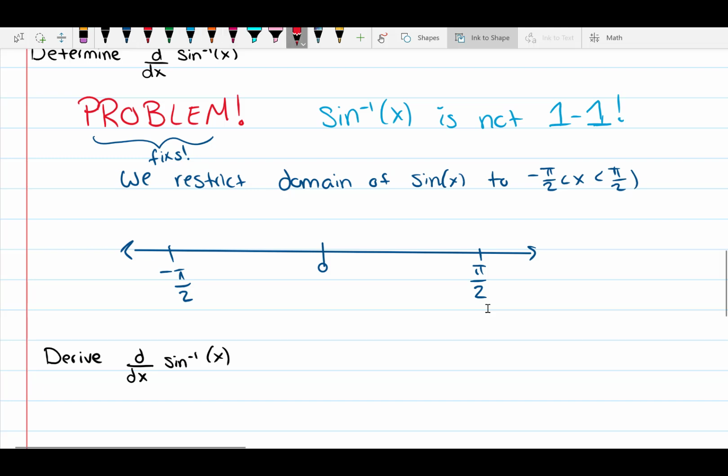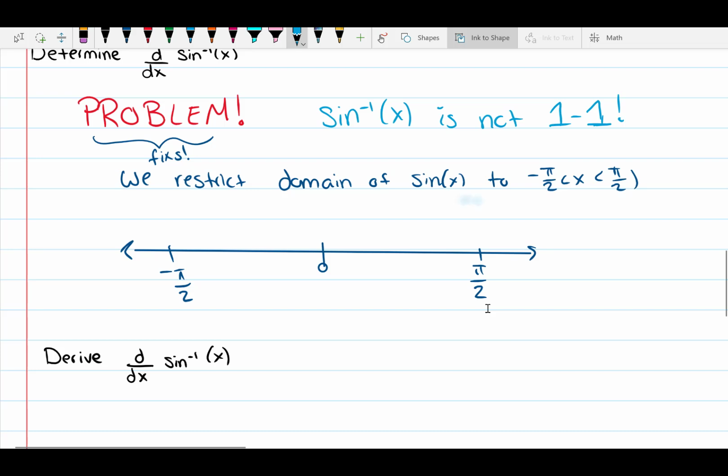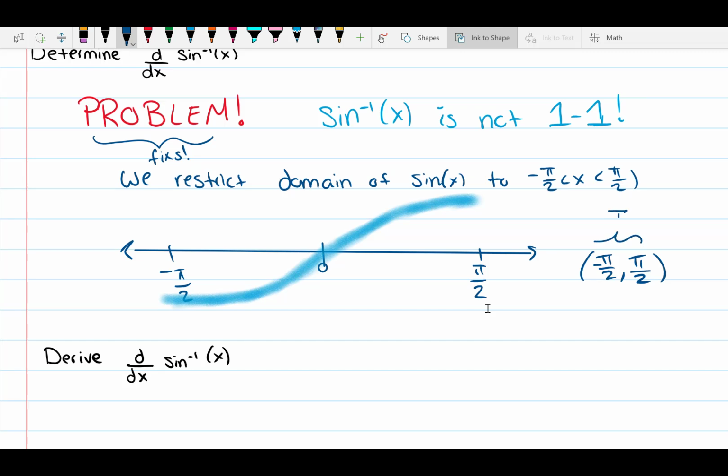And again, I'm drawing sine of x, not sine inverse. It would look something like that. So this is our new function that we're working with. We made our interval negative pi over 2 to pi over 2. This is the interval I. This is the interval we're going to be working with.